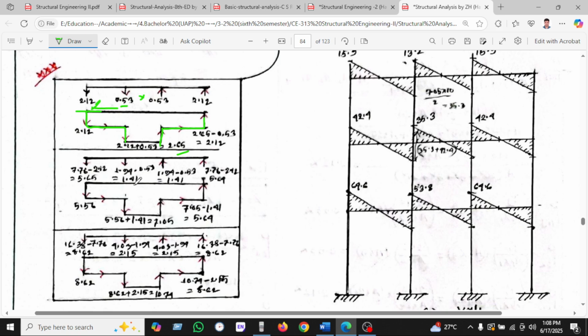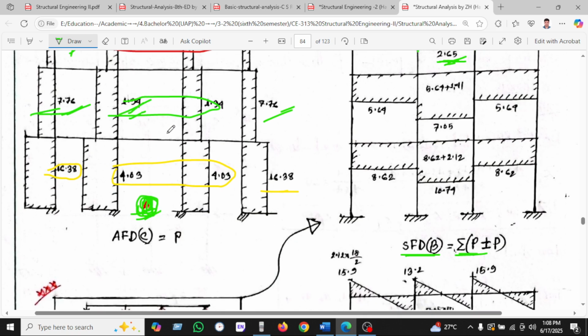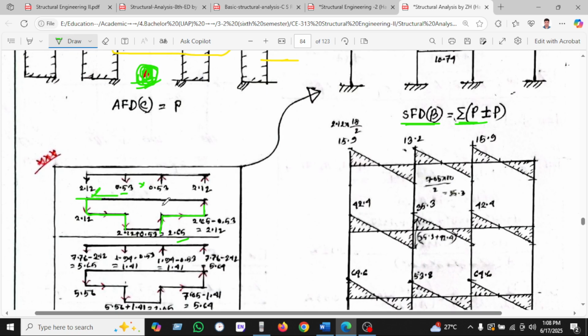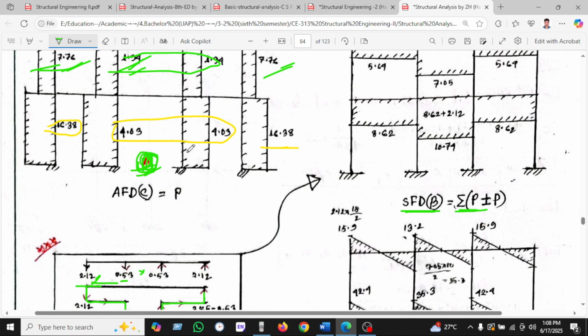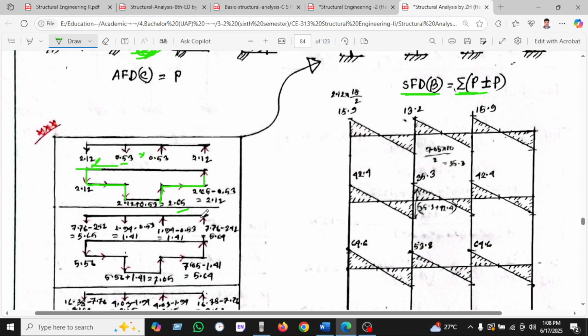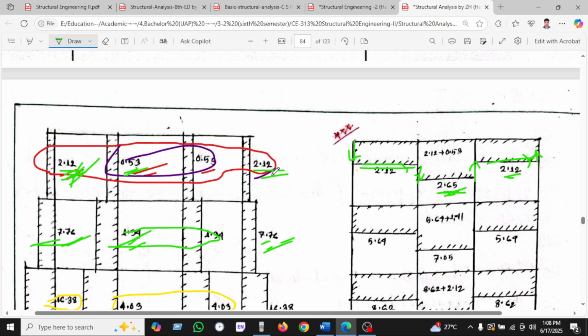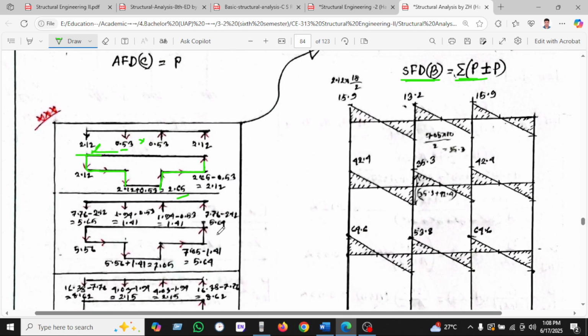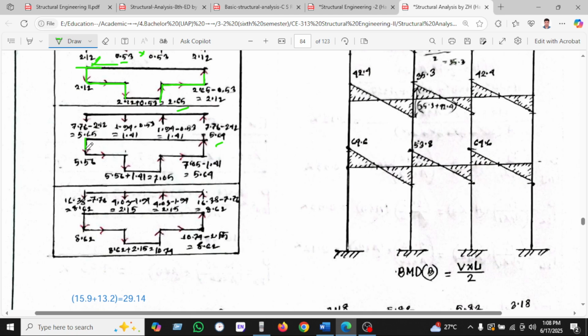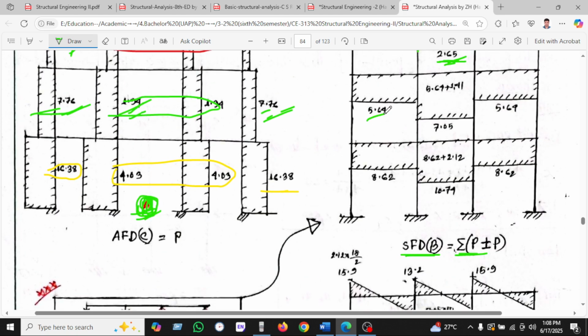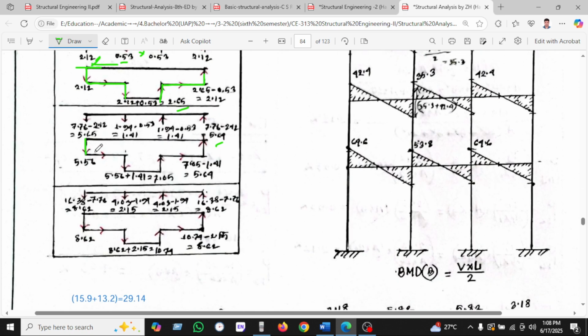In the same way 1.94 minus 0.53 will be 1.41, and the last one, 7.76 minus 2.12, will be 5.56. So 5.56 goes downward. So this shear force diagram of the beam goes downward, and there is no load here, and then it goes again downward by 1.41.